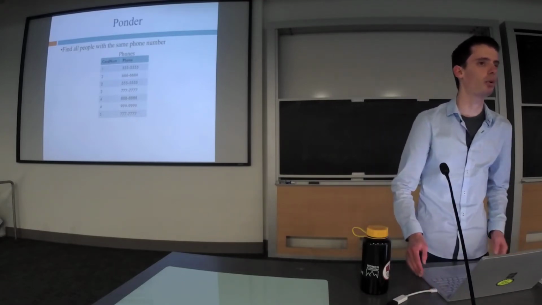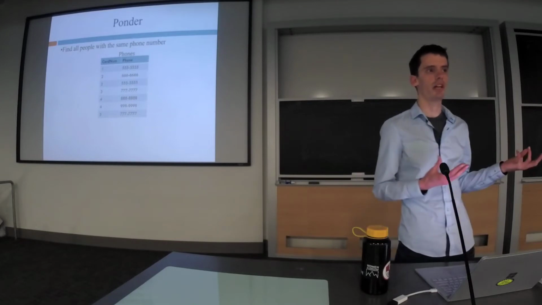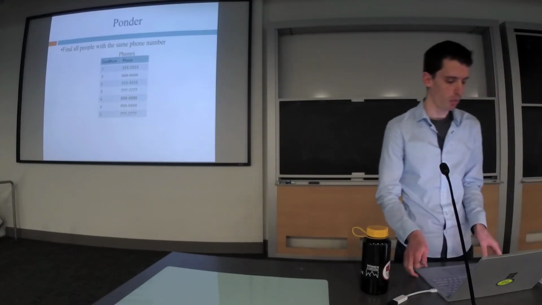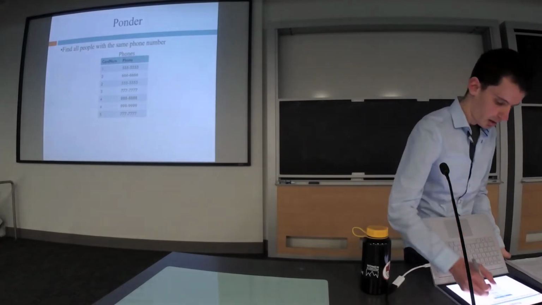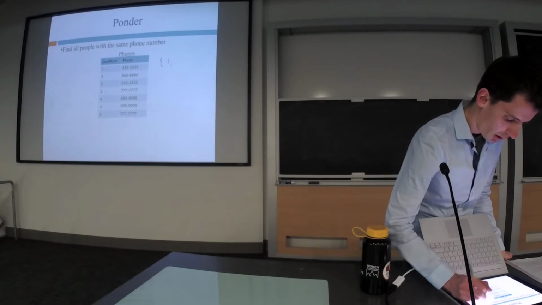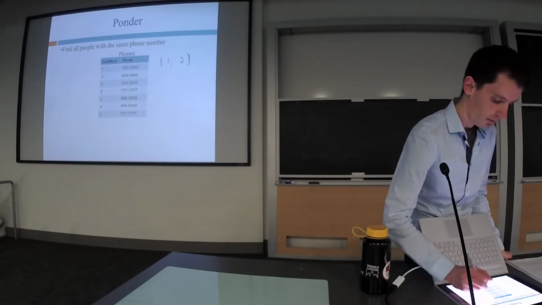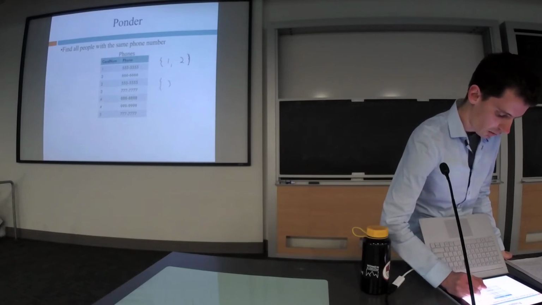How would you write a query, either relational algebra or SQL, that finds all the people? The people I want out of this query would be 1, 2, saying that they share a phone number, and 3, 5.